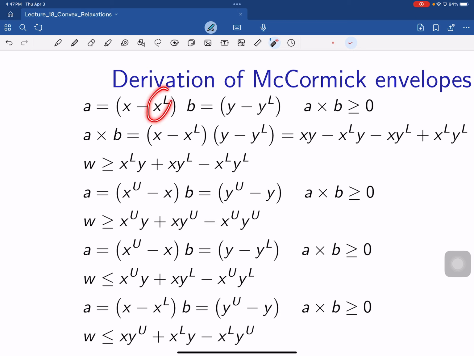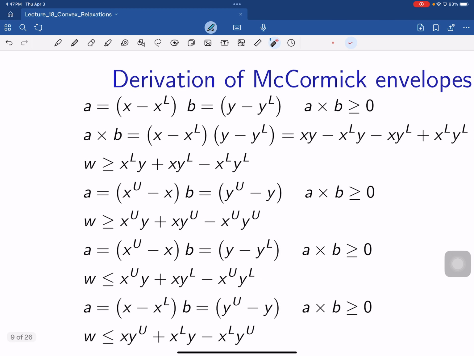XL and YL are lower bounds for x and y. XU and YU are upper bounds for x and y. So if you set A equals x minus XL, B equals y minus YL, A times B should be greater than or equal to 0, just because XL and YL are lower bounds.